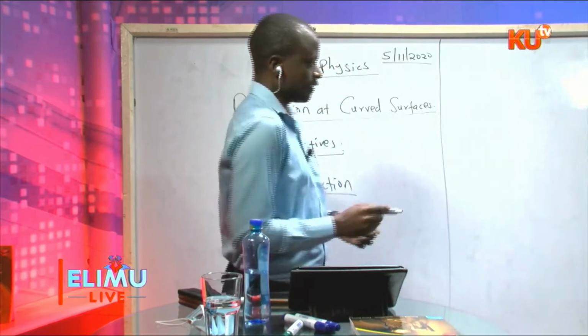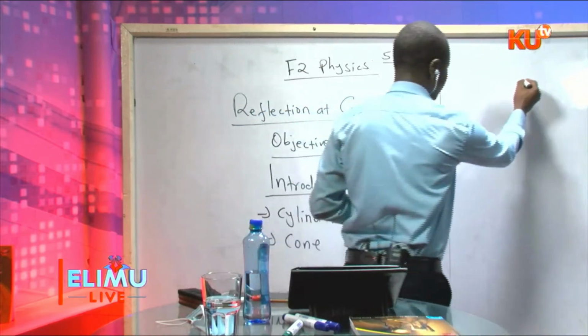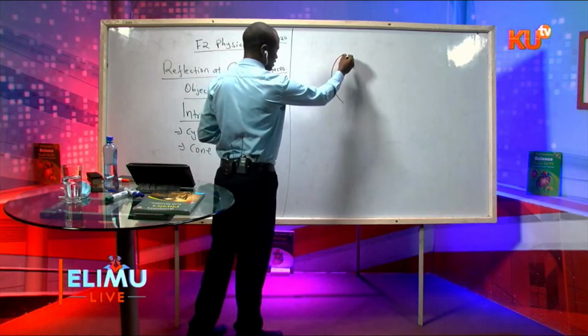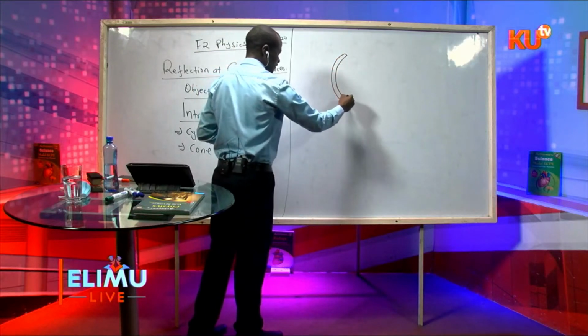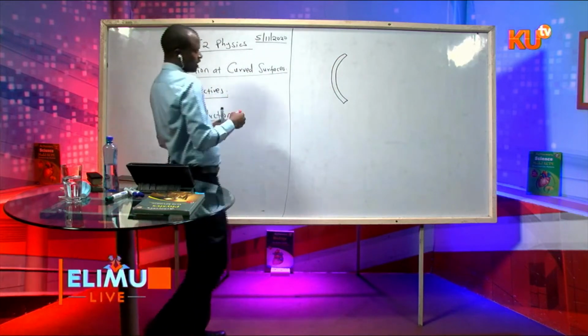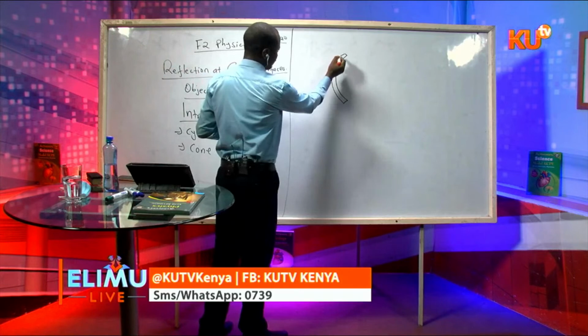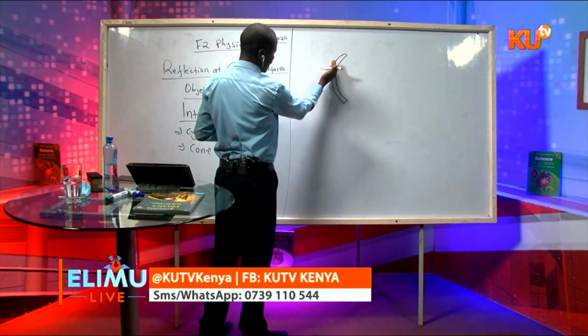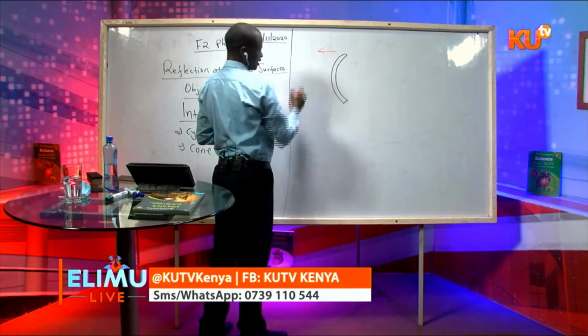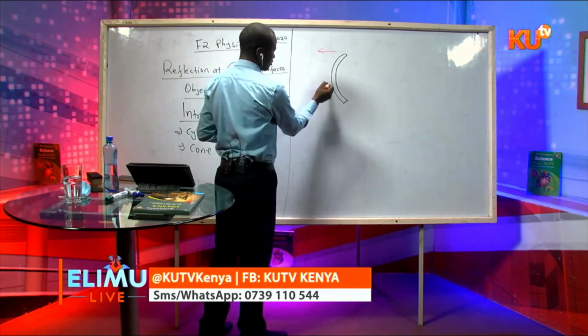So we are saying if this is my curved surface, let this represent some part of a cylinder like this. Then I decide that I want to paint on one side. If I put a shiny paint on this other side, on my left side, that means this side will be shiny.